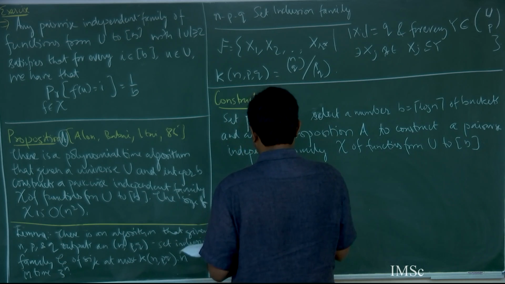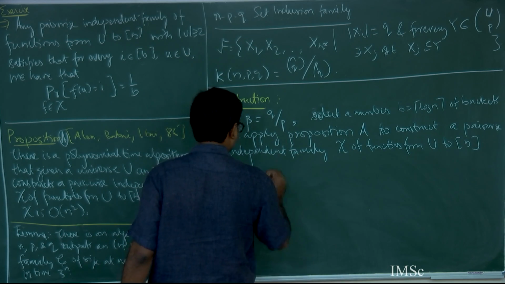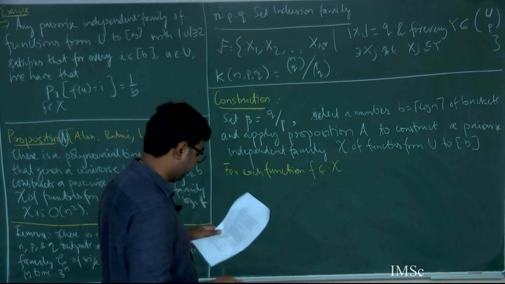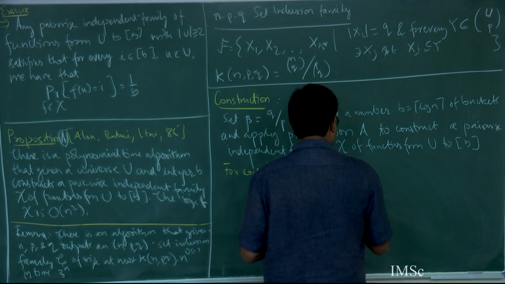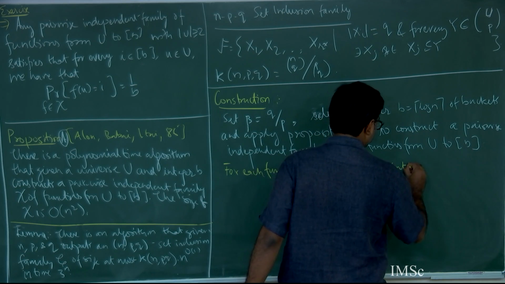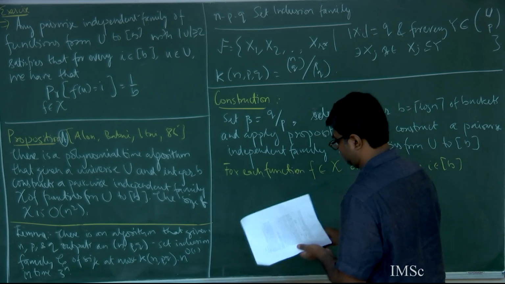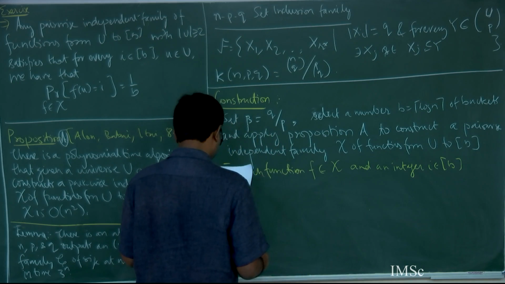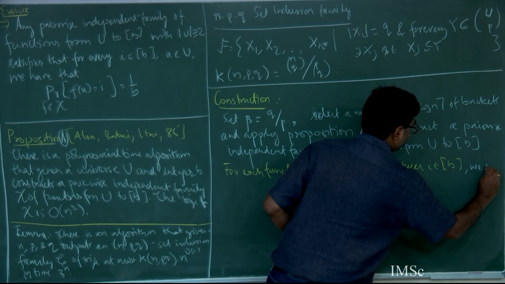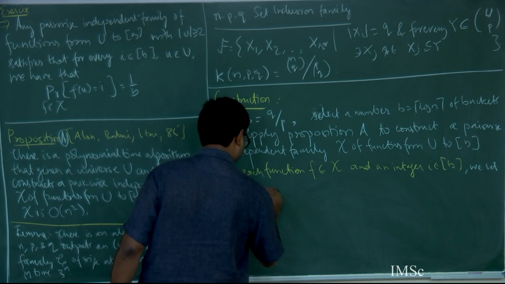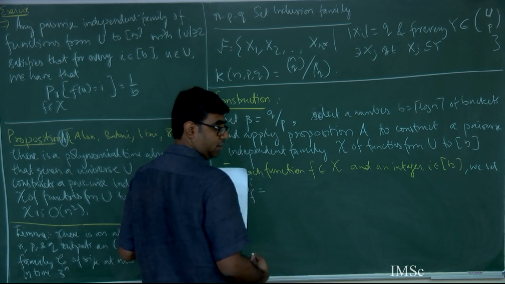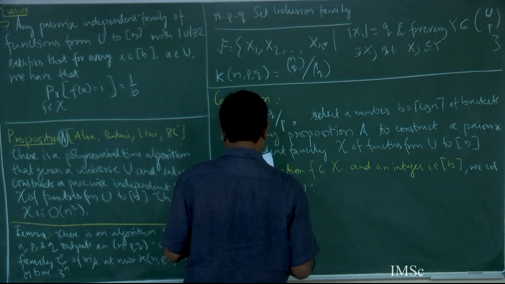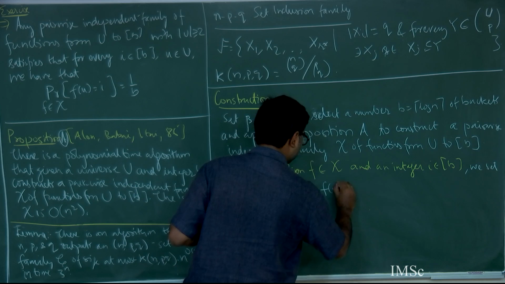Now, for each function f in chi and an integer i in B, I am going to define, just the way we did last time, since we are just trying to mimic whatever we did last time, the set U_i,f: those elements u in U such that f of u is equal to i.